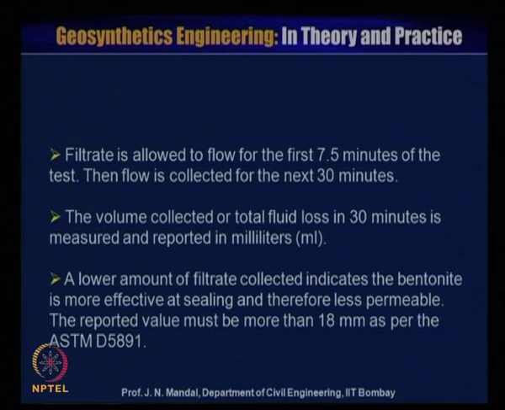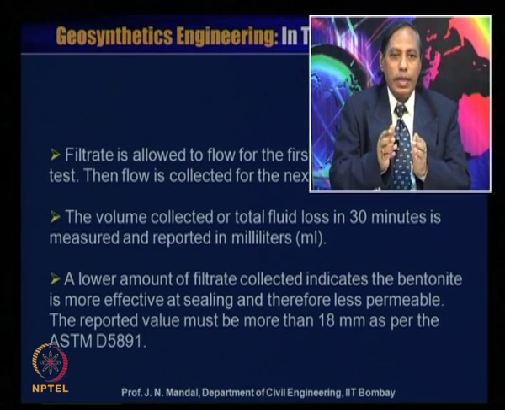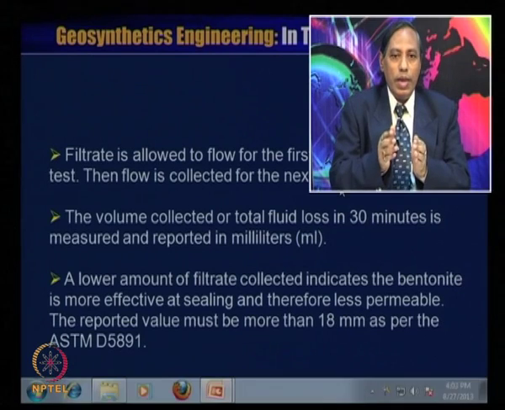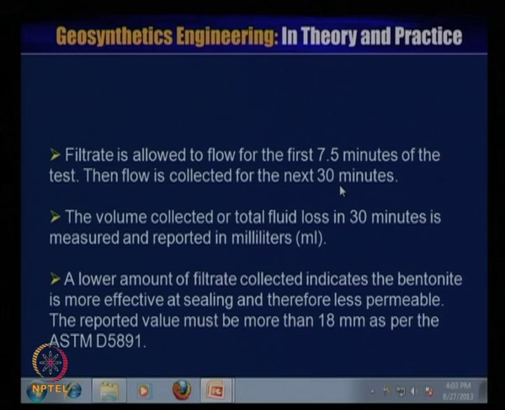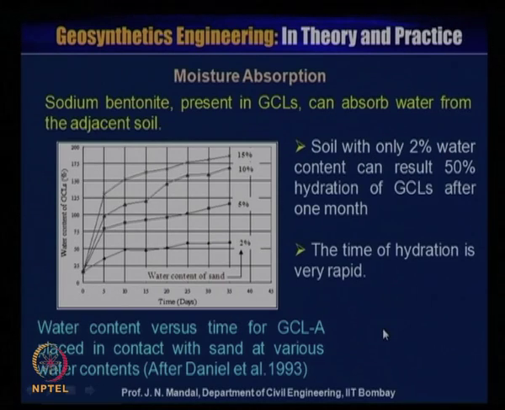The volume collected, or the total fluid lost in 30 minutes, is measured and reported in milliliters. A lower amount of filtrate collected indicates the bentonite is more effective at sealing and therefore less permeable. The reported value must be less than 18 milliliters as per ASTM D5891.